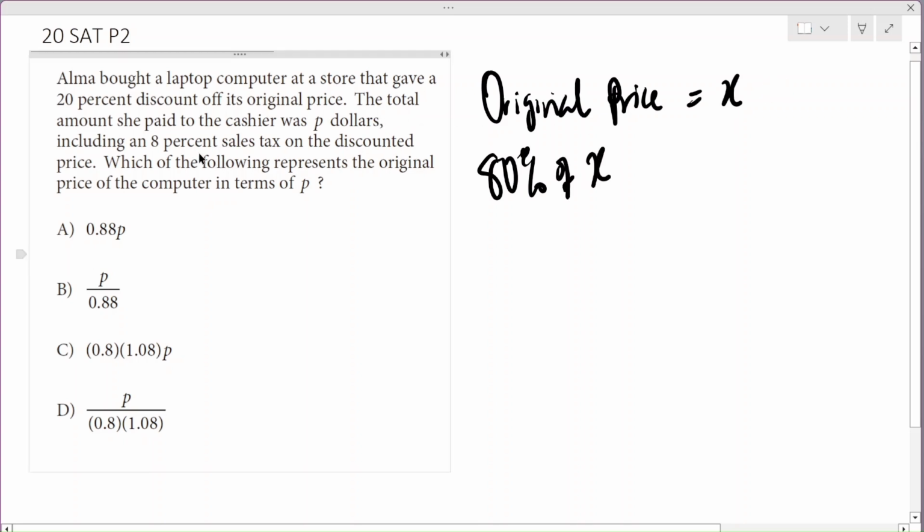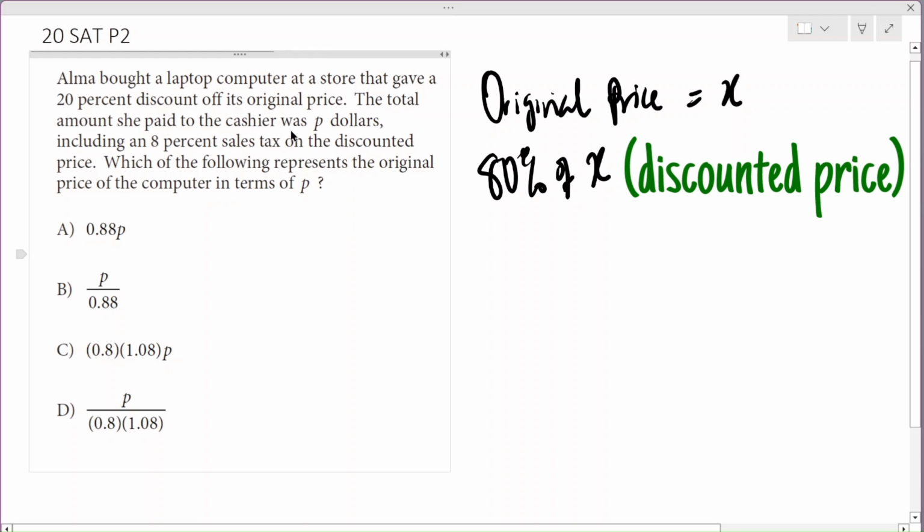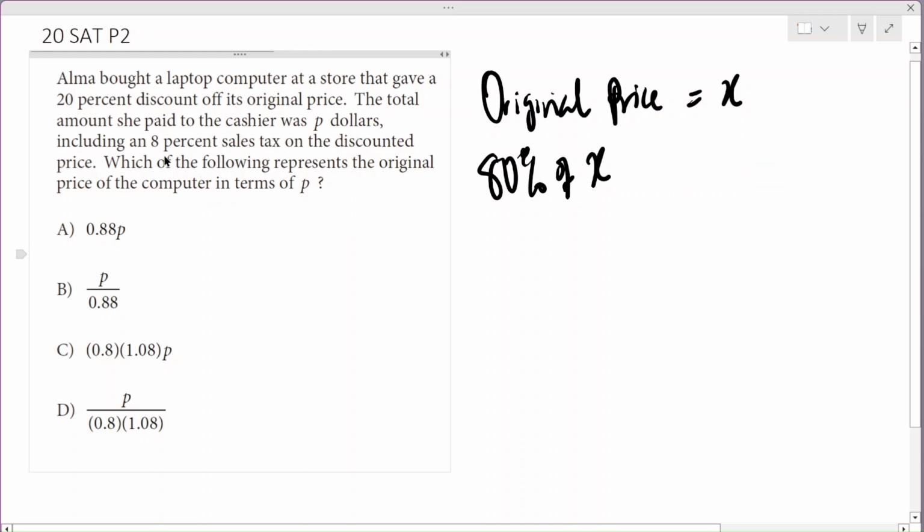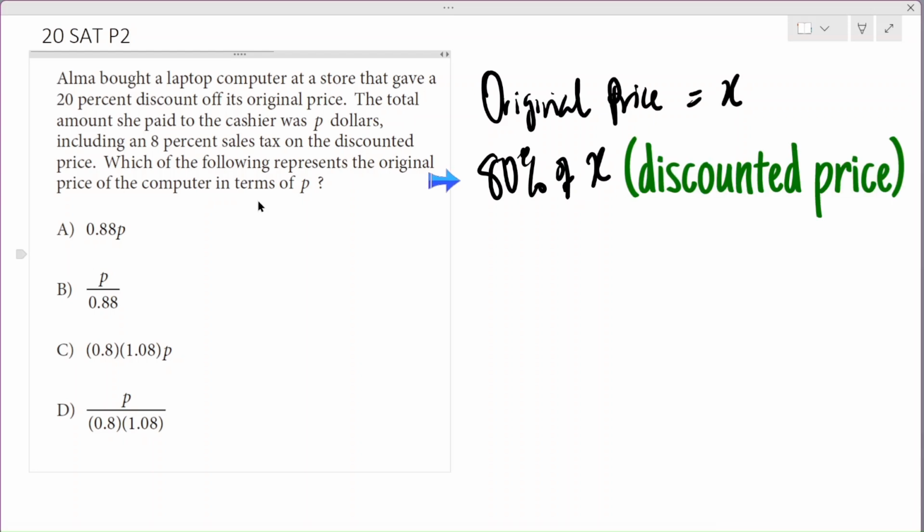The total amount she paid to the cashier was P, which includes an 8% sales tax on the discounted price. That means she paid 8% tax on the discounted price.